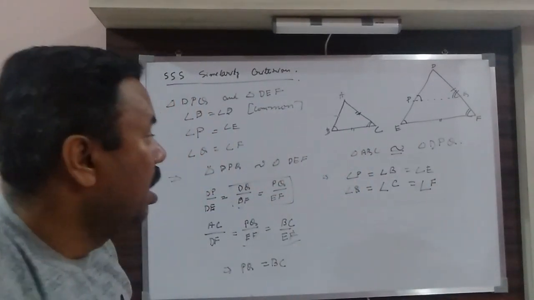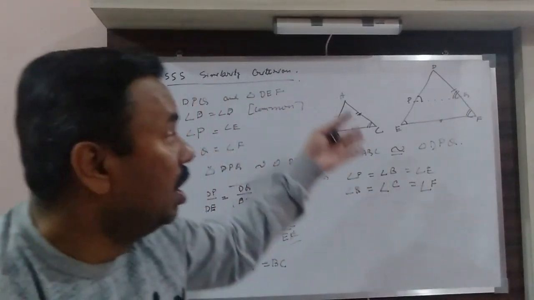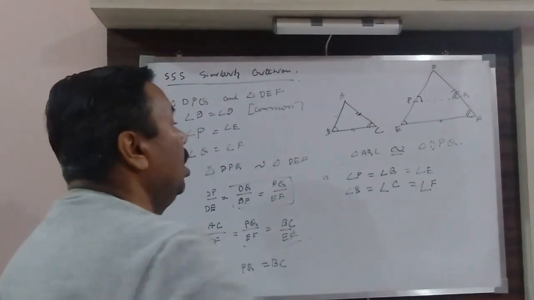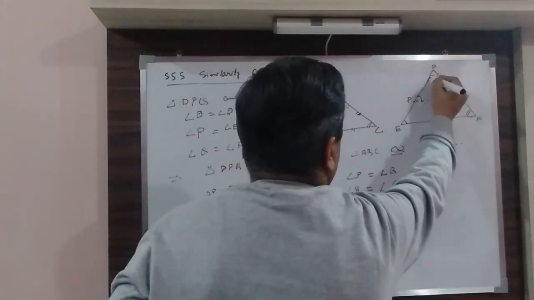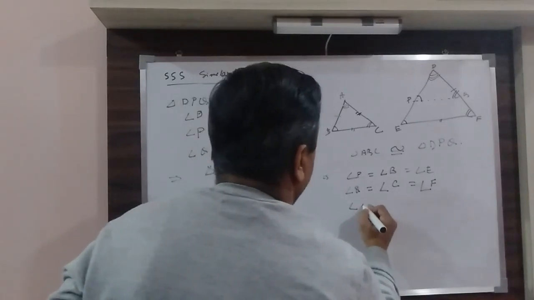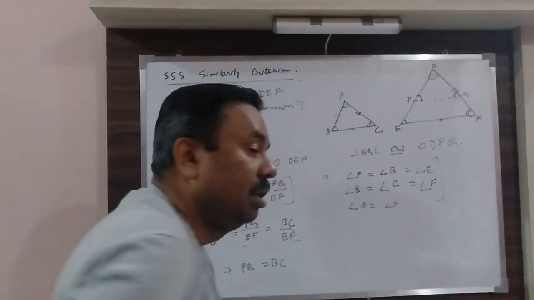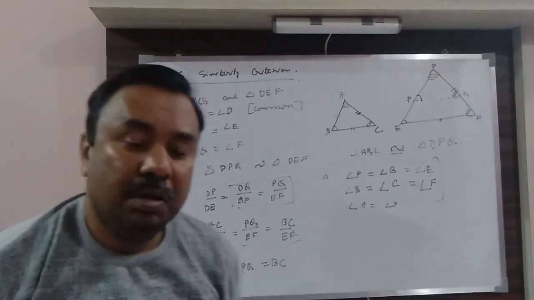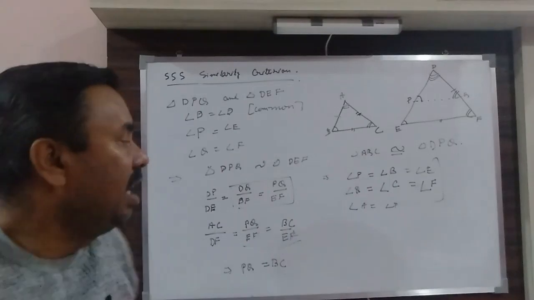Now, if two of the corresponding angles are equal, the third angle has to be equal. So angle A is also equal to angle D. And this proves that one condition already given in the question, the other condition I have proved.